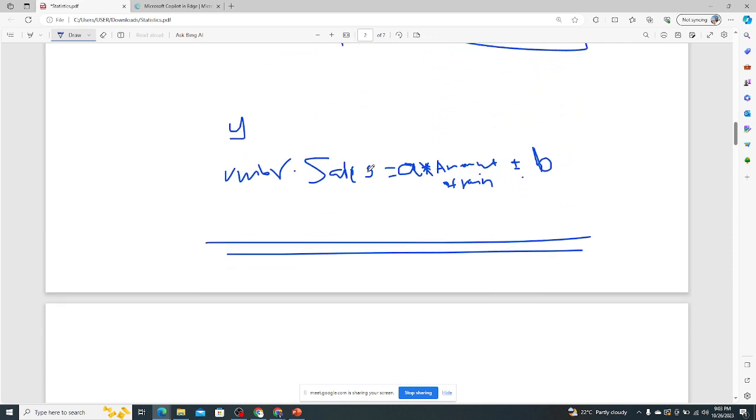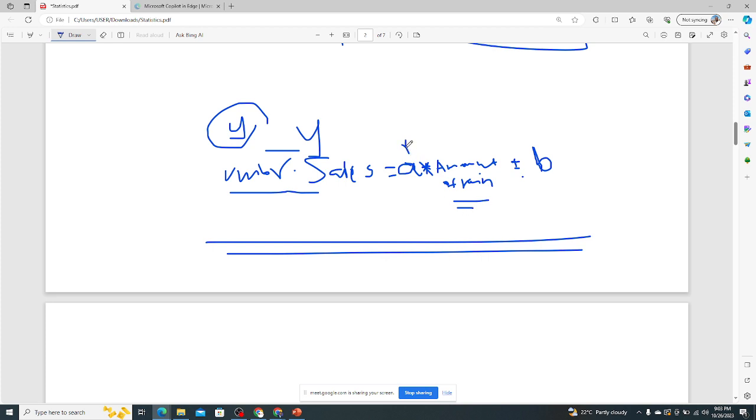Because you can see from the model, umbrella sales takes the place of y, because this is our output. We are expecting to know the umbrellas we can sell given a certain amount of rainfall. And then we have a as our slope.